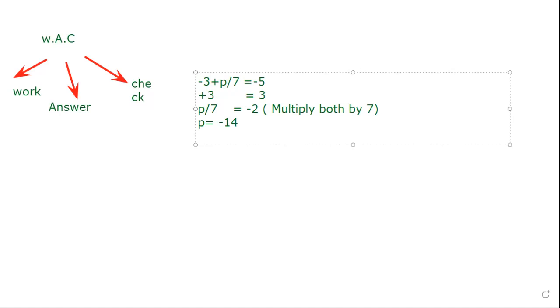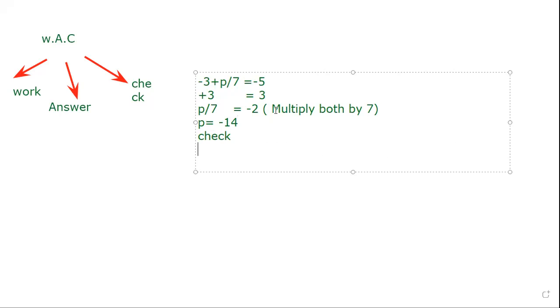Then we work with the equation and we solve the equation. What is the last step we have to do now? Check. So we want to check the answer. How will we check the answer? Negative 3 plus negative 14 divided by 7.